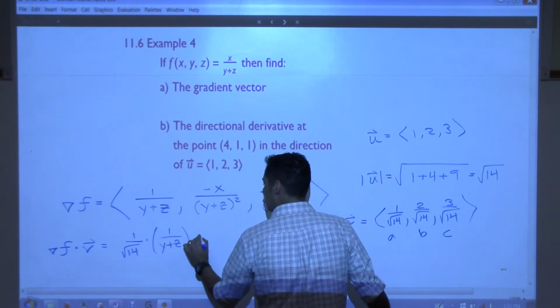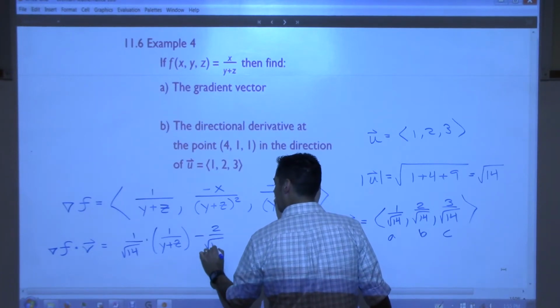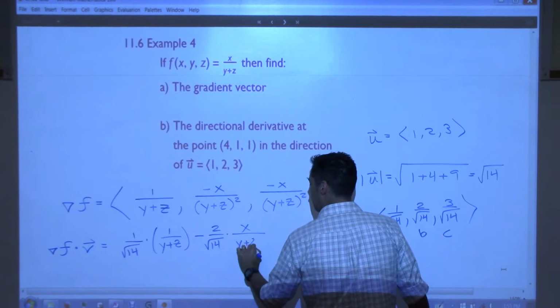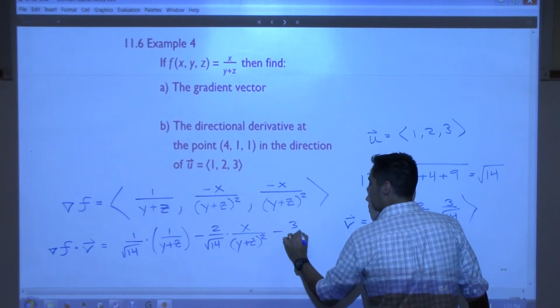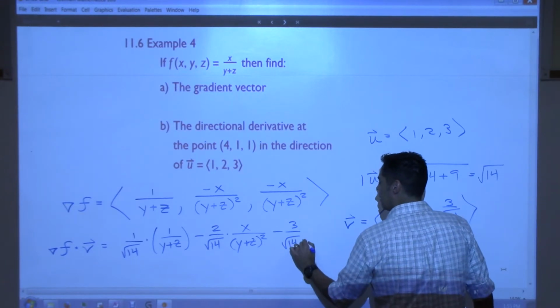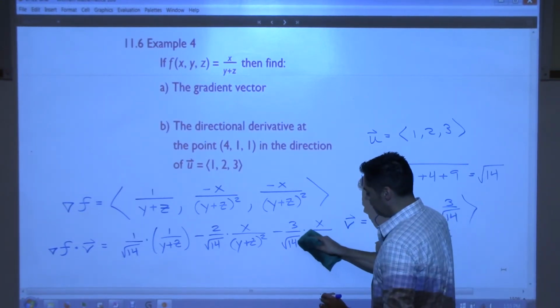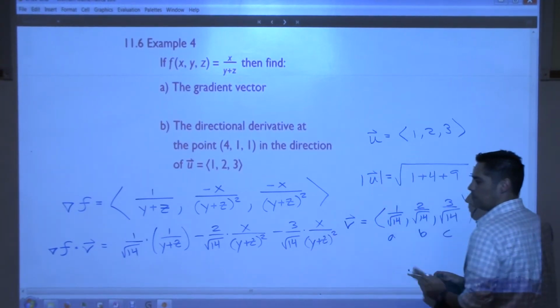And then this is going to be negative, because that was minus 2 over root 14 times x over y plus z squared, and then finally minus 3 over root 14 times x over y plus z squared.